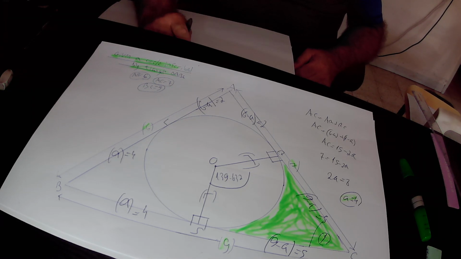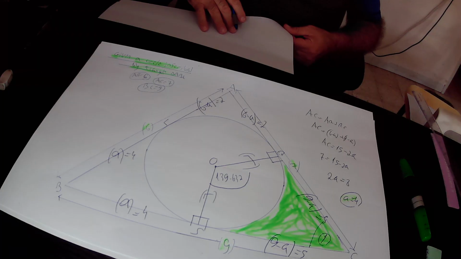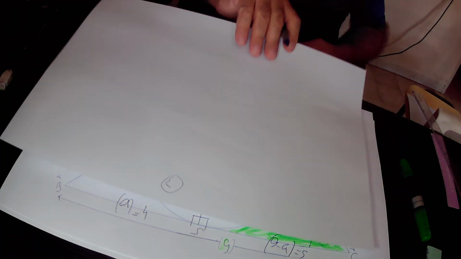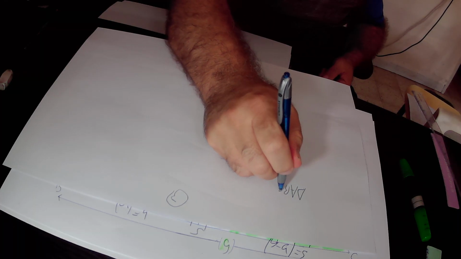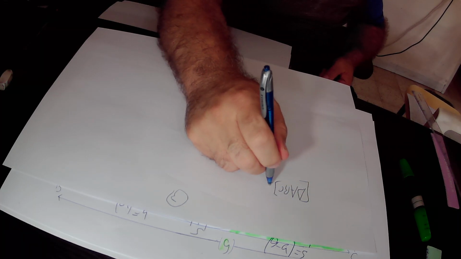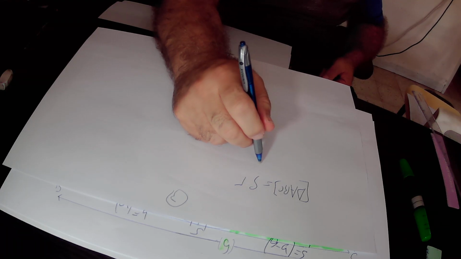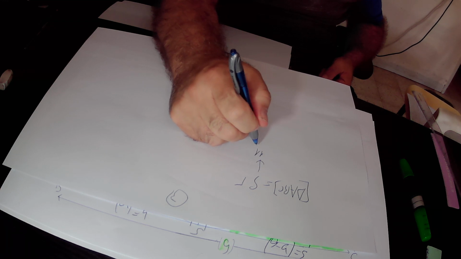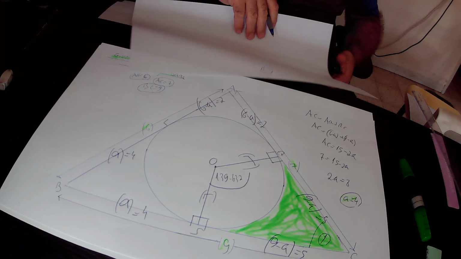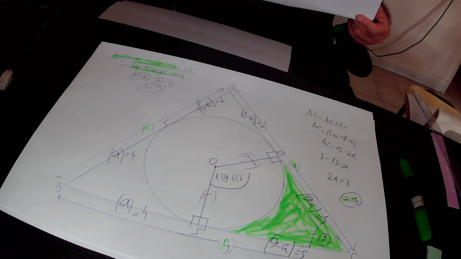Okay, again on the formula, the area of triangle ABC, according to the formula that I mentioned, is equal to S times R. S is the semi-perimeter, equal to 11. R is the missing radius of this circle that is inscribed by triangle ABC.